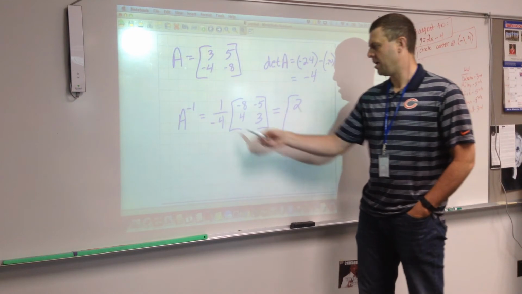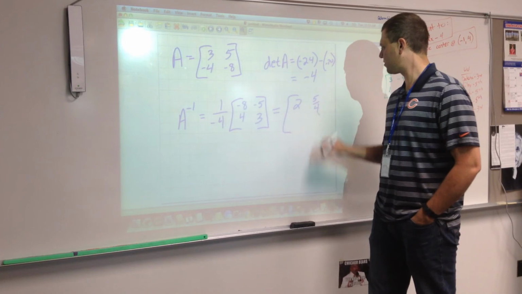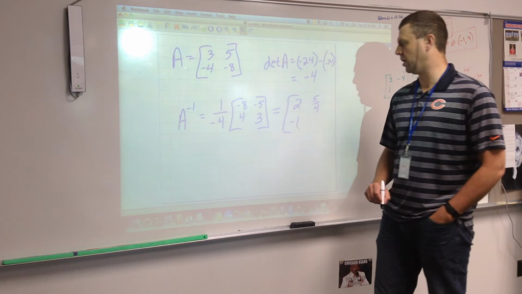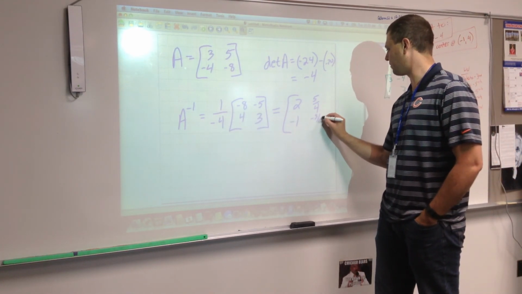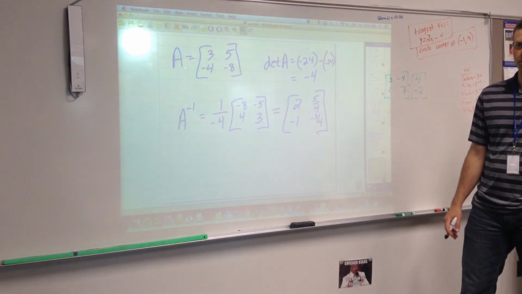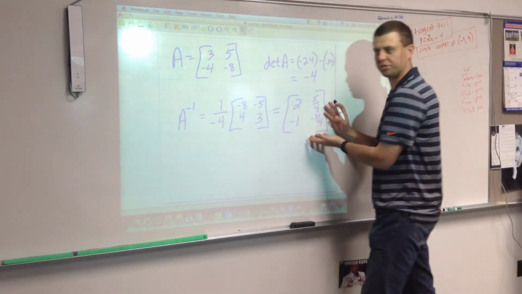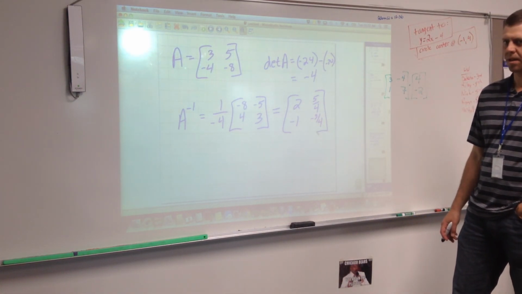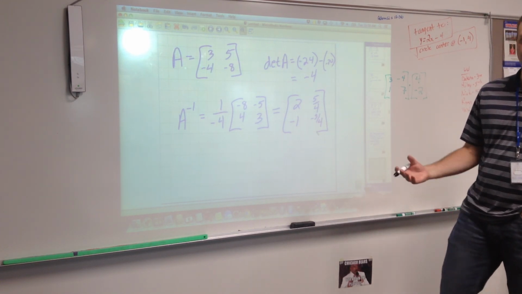My bad. -1/4 times -5 is 5/4. -1/4 times 4 would be -1, and -1/4 times 3 would be -3/4. And you have found the inverse of a 2x2 matrix. So that's our answer. It's not that bad. If I said, find the inverse of this matrix, there's your answer. Alright, any questions on finding inverses?